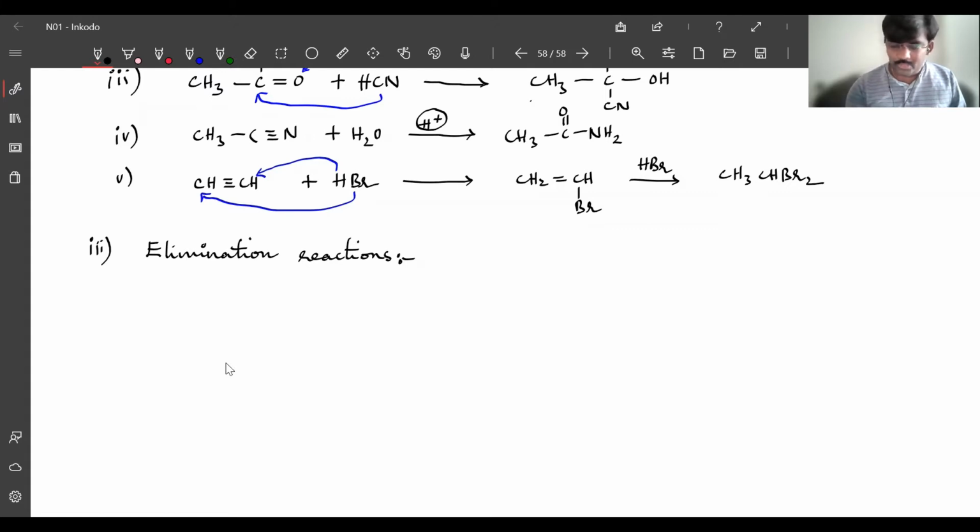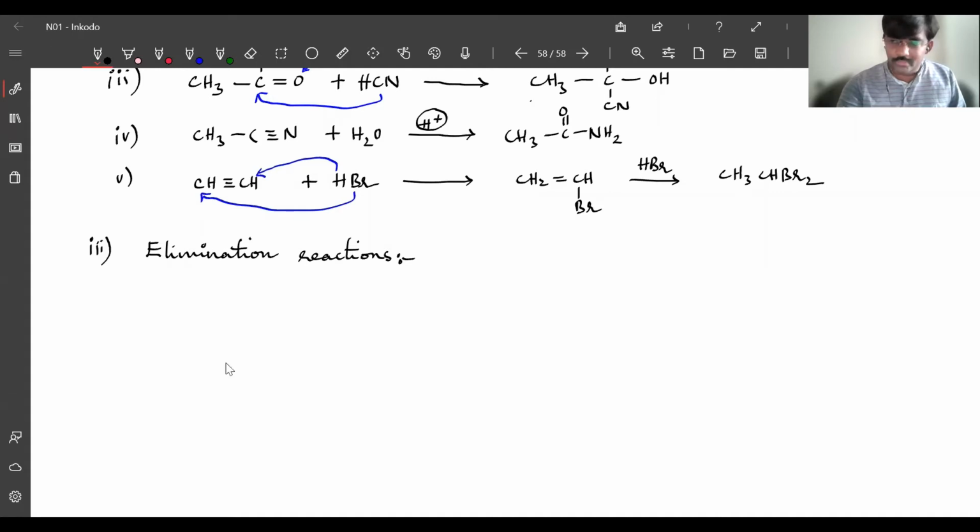Between these alpha and beta carbons the elimination will happen. When elimination happens between alpha and beta, we call it beta elimination.